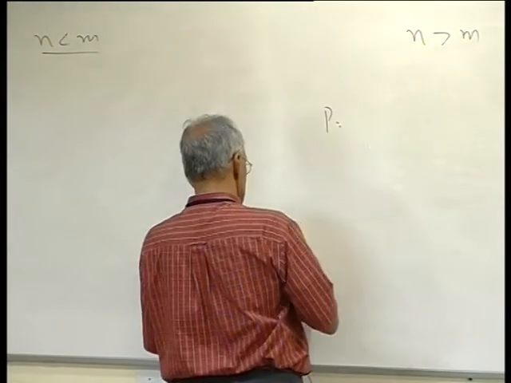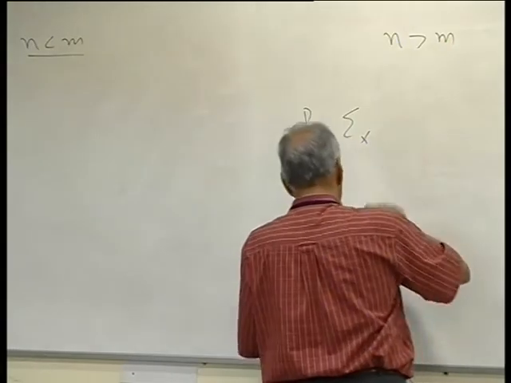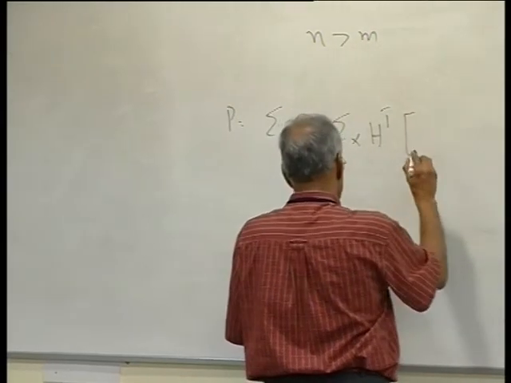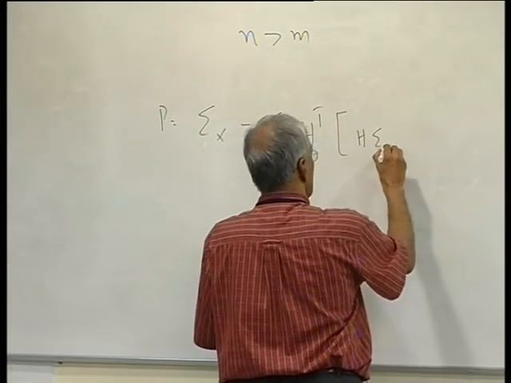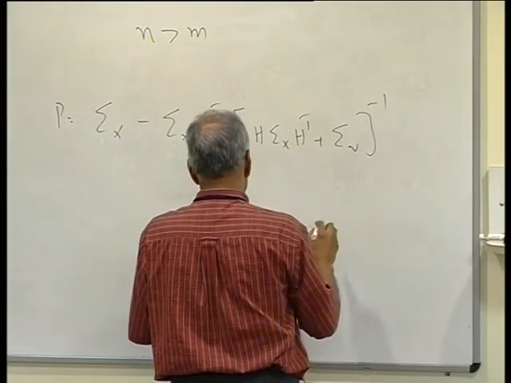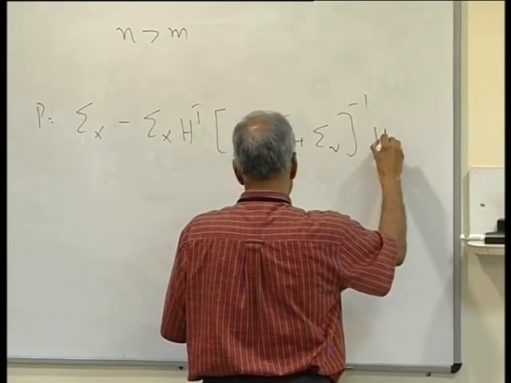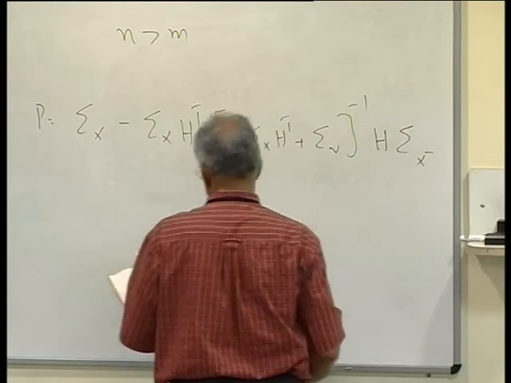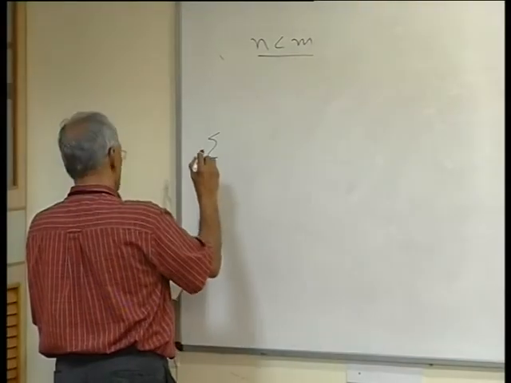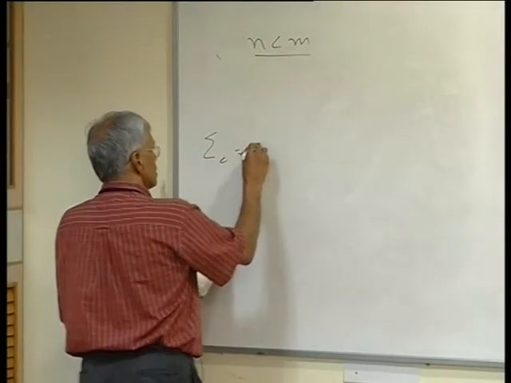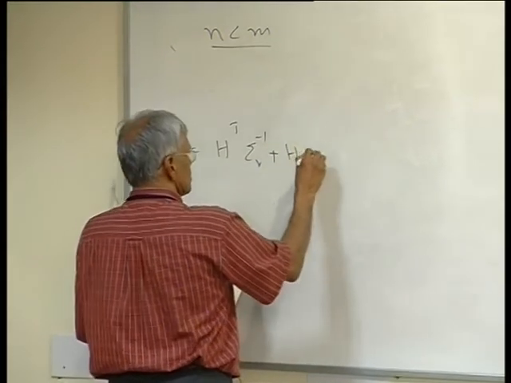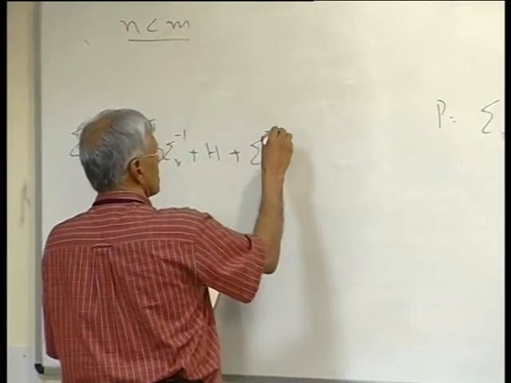So P in here is equal to H transpose H sigma x H transpose plus sigma V inverse H sigma x inverse. In here, sigma estimate is equal to H transpose sigma V inverse plus H plus sigma x inverse.